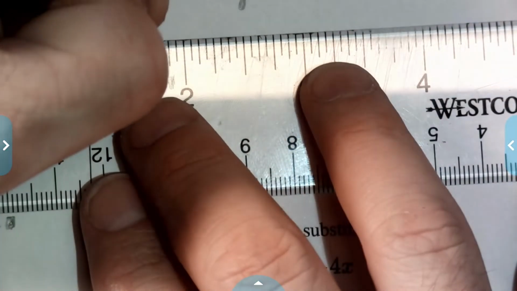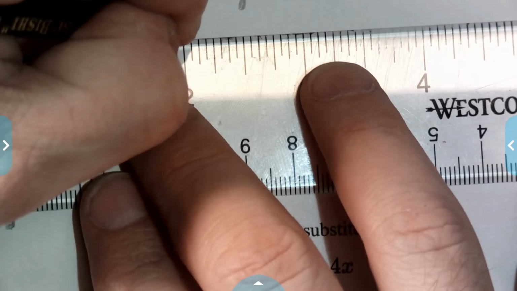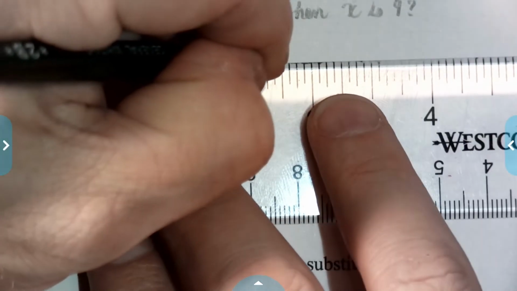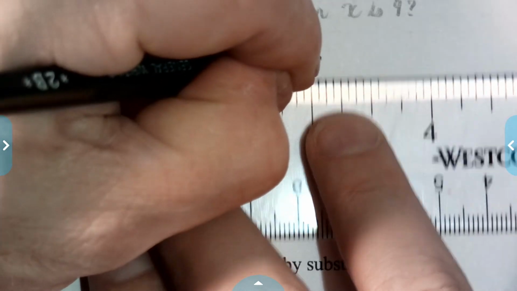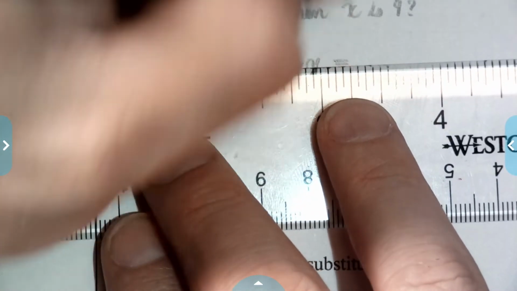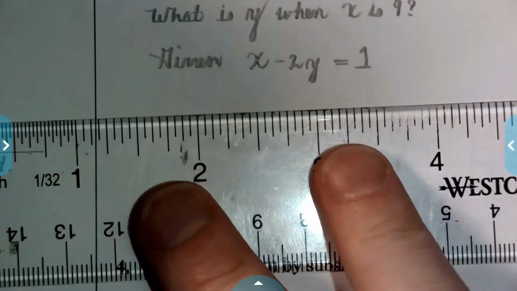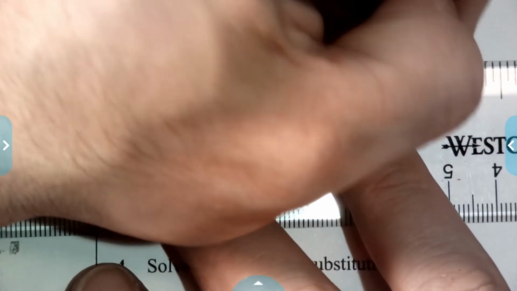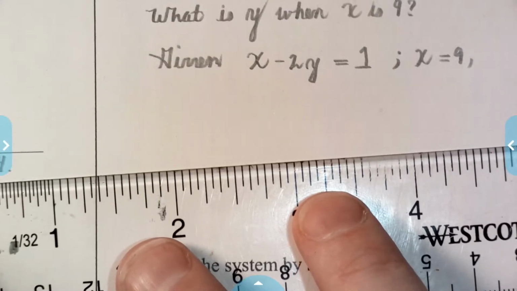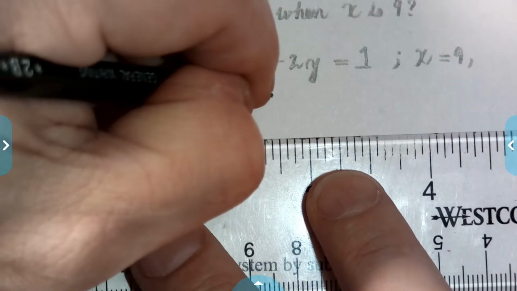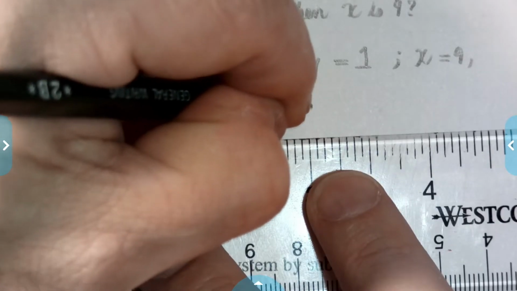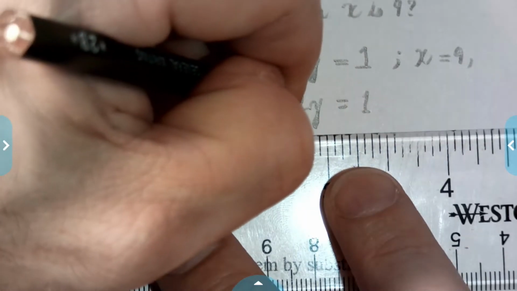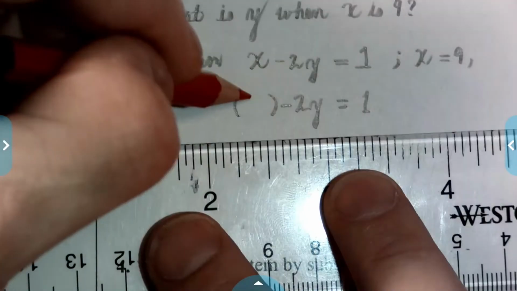So we'll say given x minus 2y equals 1, and provided that x equals 9, we have this open parentheses, closed parentheses, minus 2y equals 1. In that parentheses, I'm going to put the x value of 9.